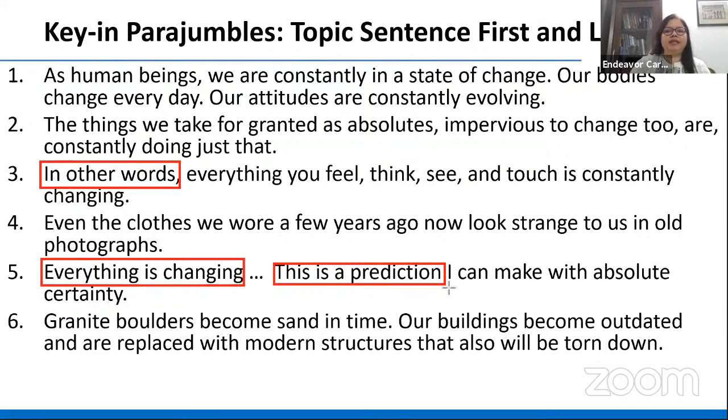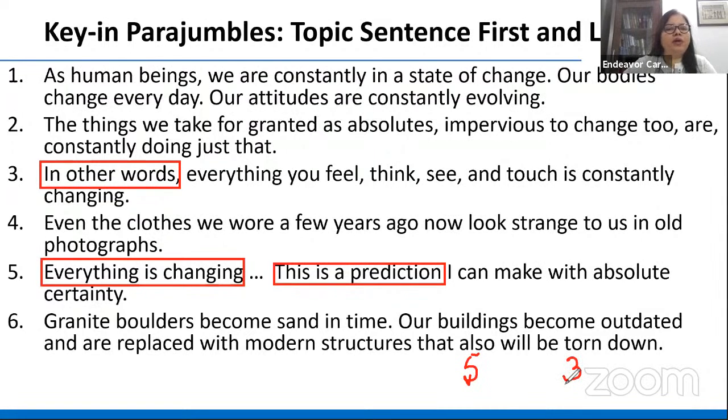And then we find that there are some sentences which describe how everything is changing. So when I read the other sentences, let's mark this here. We looked at 5 as the beginning. And let's assume 3 is going to end it.